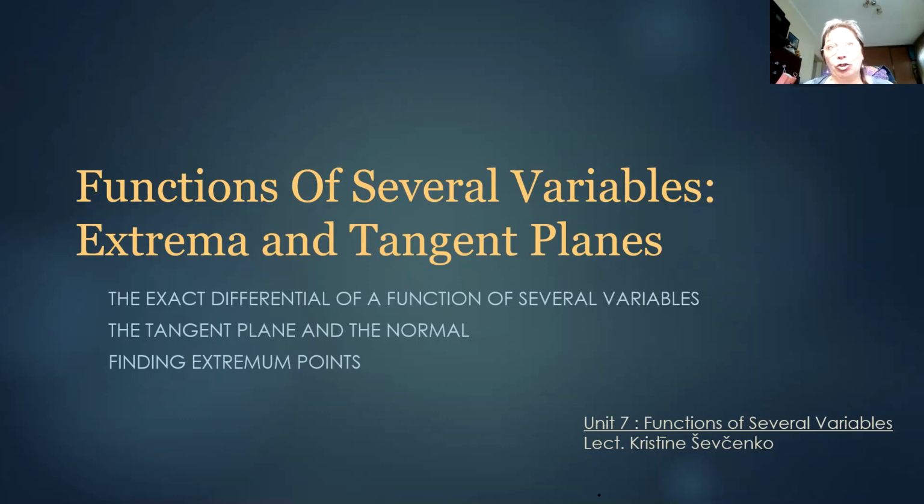So if we have a function of more than two variables, we cannot visualize it. We cannot imagine what it looks like, because it does not look like anything at all.